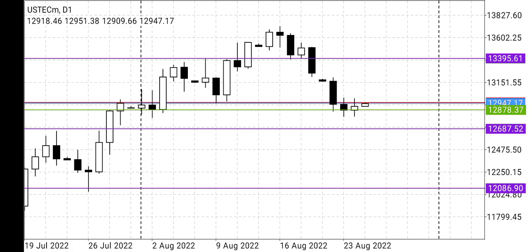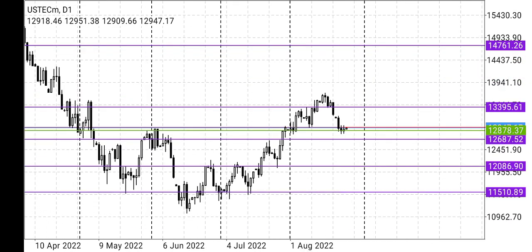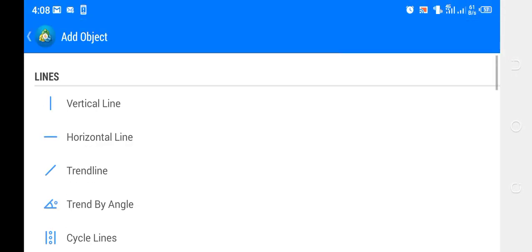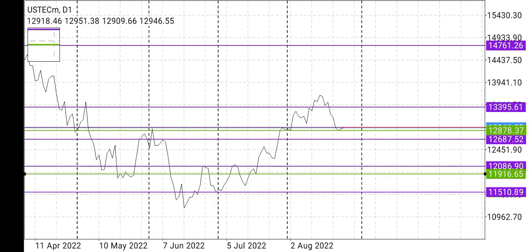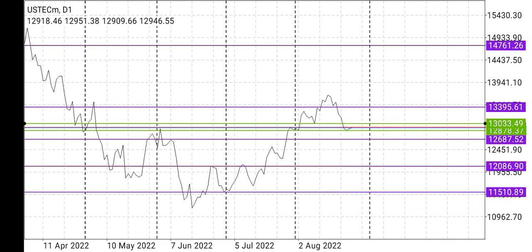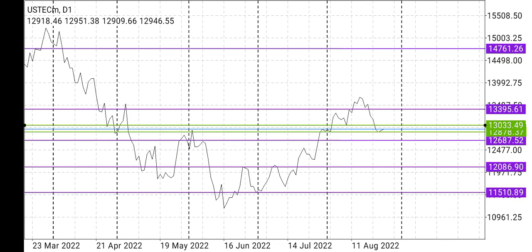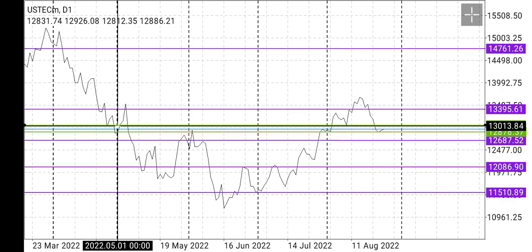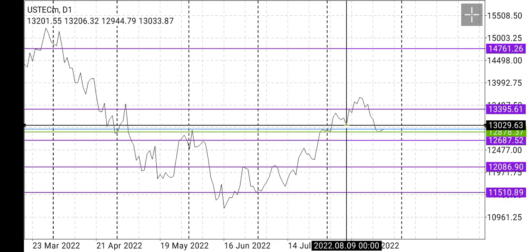So let us go back to our line charts, and then we mark the nearest other level on the upside. Let us see this one. Yeah, because I see it has a touch here, here, it has a touch here, and a touch here.